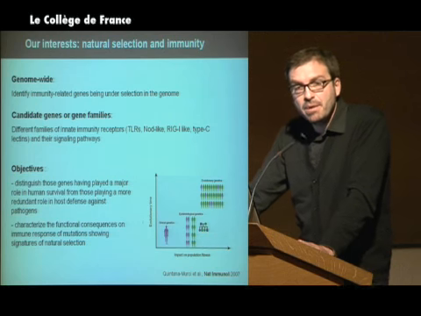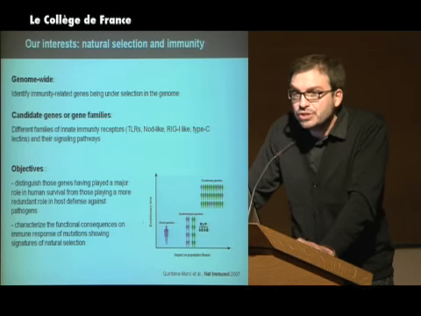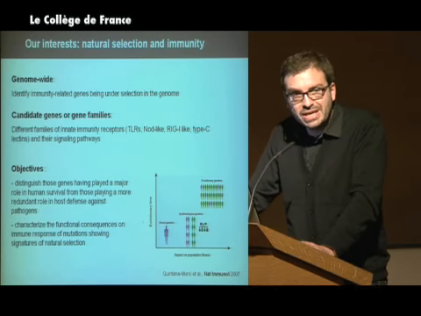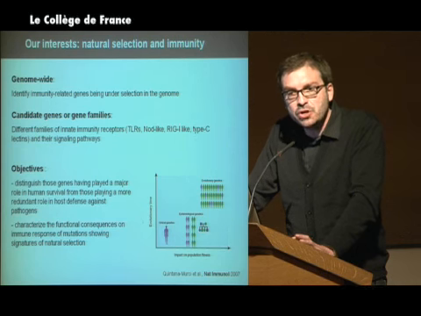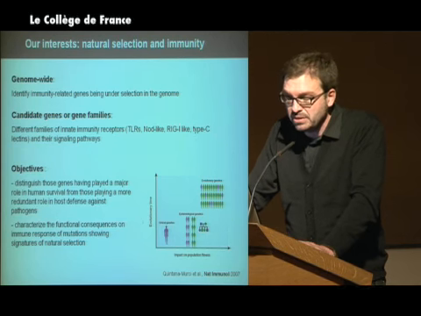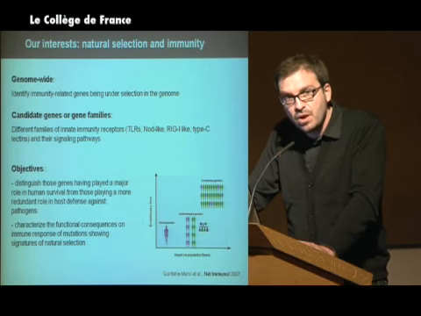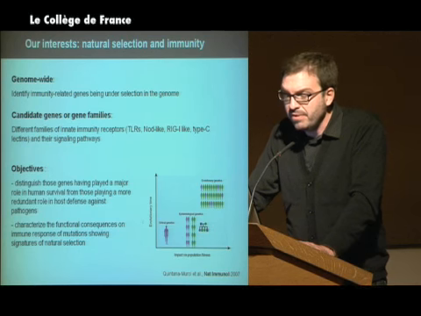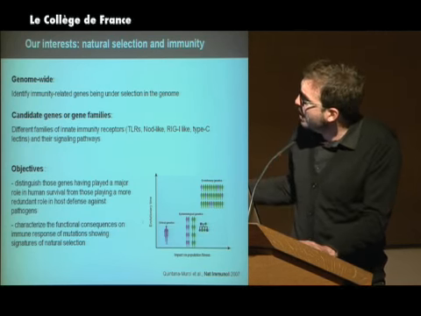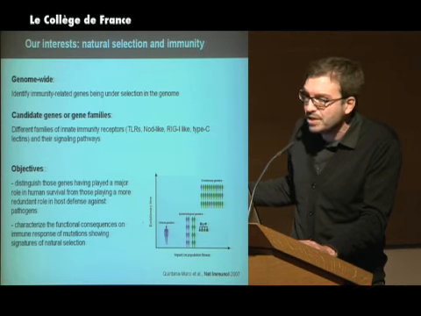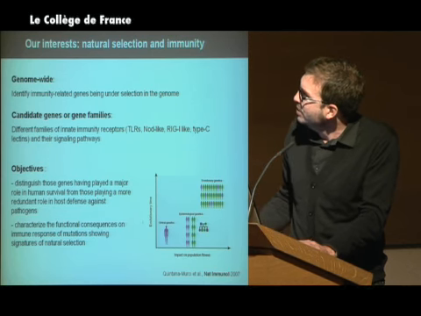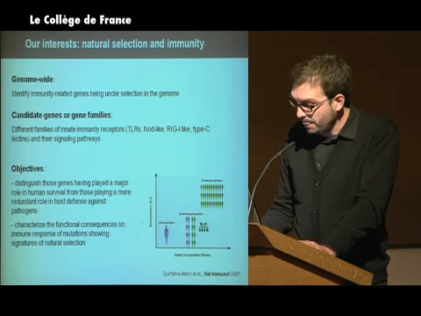The objective is to try to distinguish, using this evolutionary approach, genes that play a major non-redundant role in host defense from those that play a rather redundant role. And of course, to try to put these evolutionary and population genetic aspects of what we are doing into a more general epidemiological and clinical genetic context.